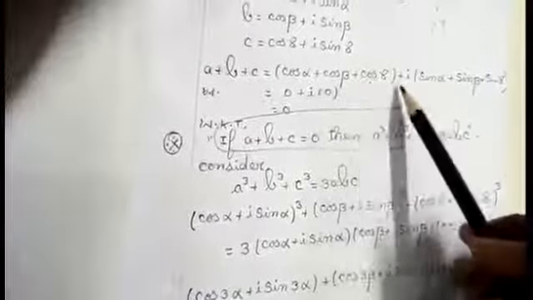Real part fully I am clubbing together, that is cos alpha plus cos beta plus cos gamma, plus i imaginary part. If you see, cos alpha plus cos beta plus cos gamma equal to 0, plus imaginary part is also 0, since it is the given condition. Automatically I am getting the value for A plus B plus C equal to 0.